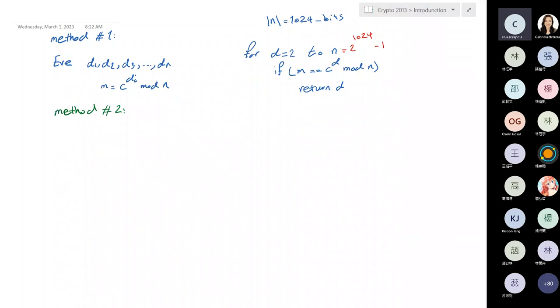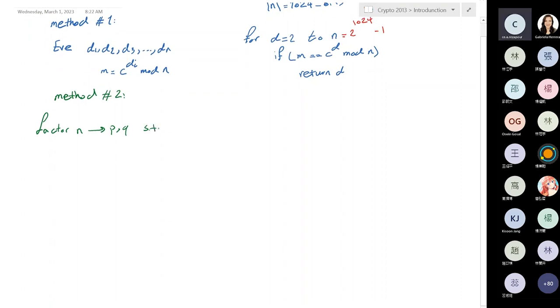So as we said, we want to factor n into p and q. Let's be precise, such that n equals p times q.